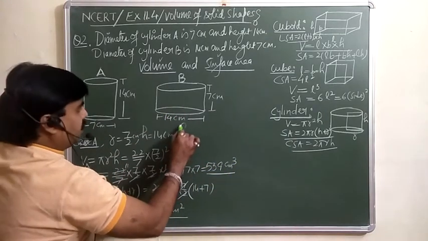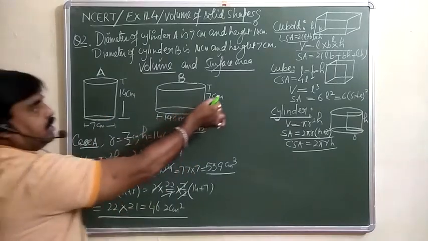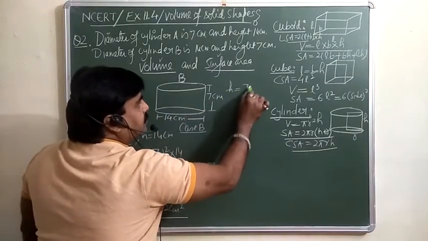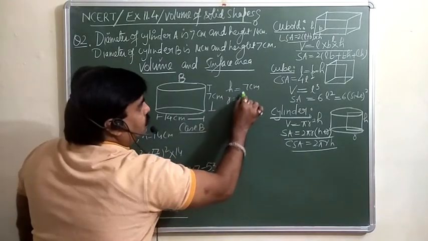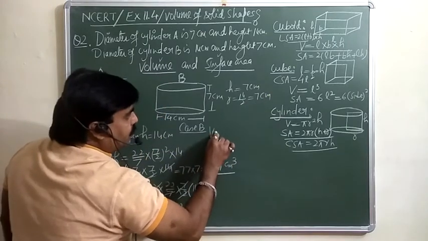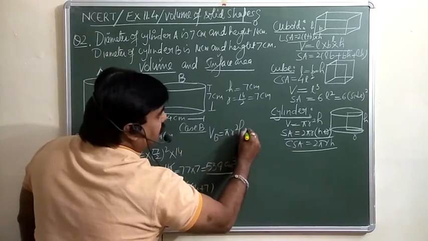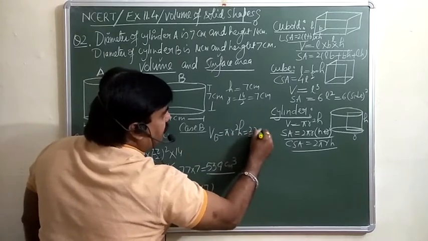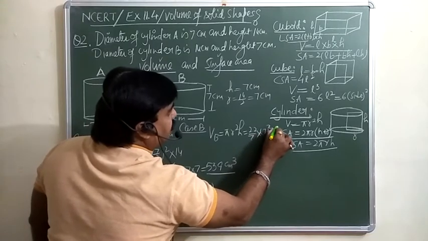Similarly, you can take the case for the cylinder B. For the cylinder B, the h is equal to 7 and the radius will be 14 by 2, that is also 7 centimeter. Now you have to calculate the volume of this cylinder B, that is pi r square into h. Pi is 22 over 7, r is 7 whole square, into h is also 7.